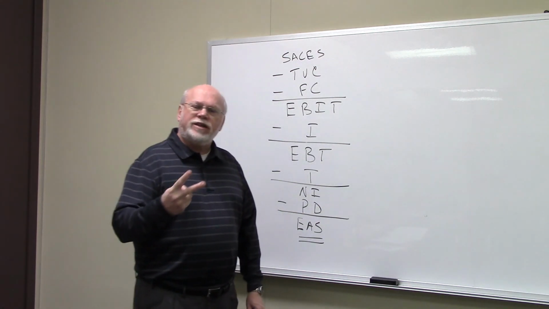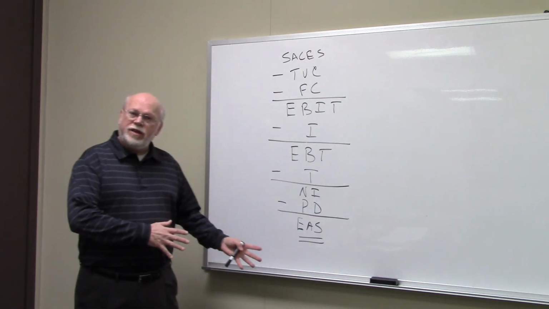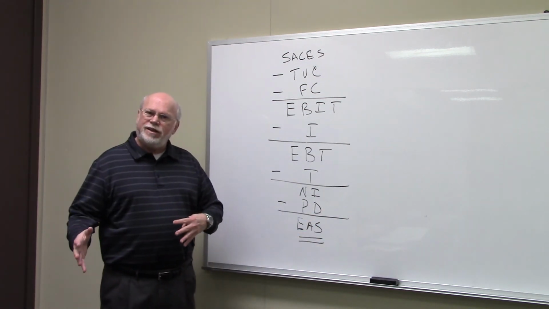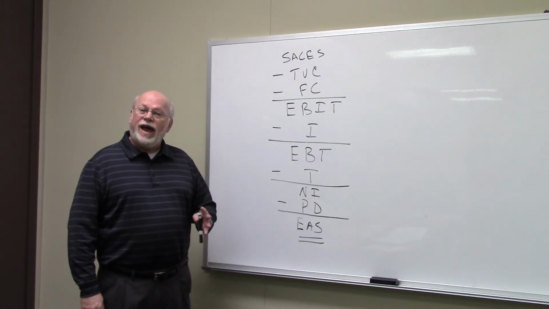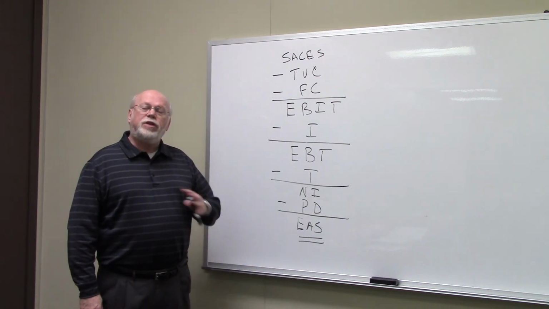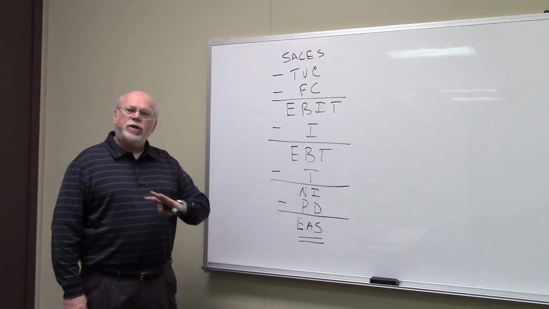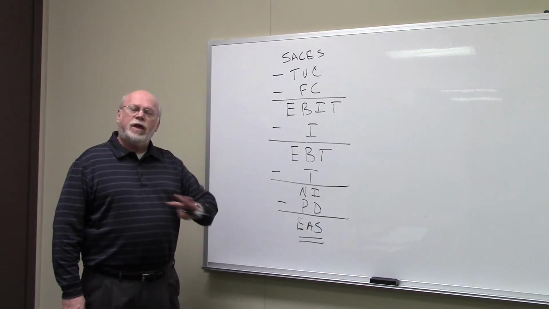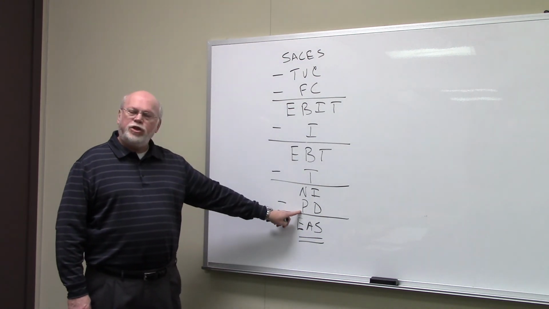There's only two things a company can do with its net income. It can either pay it out in dividends or it can retain it in the firm. Now, the first dividends you would have to pay would be to your preferred stockholders. If you have preferred stock and you owe the preferred stockholders a dividend, that's the dividend you pay first.